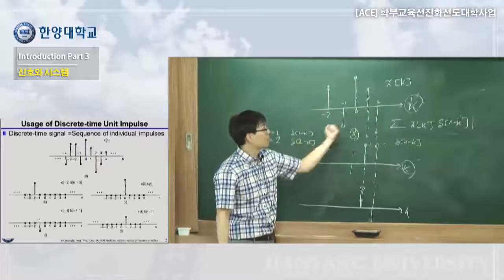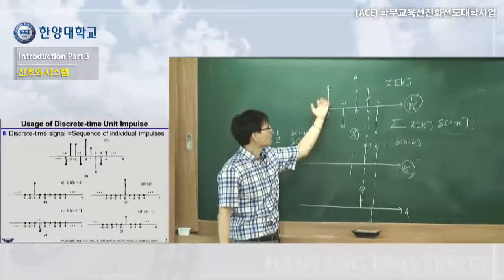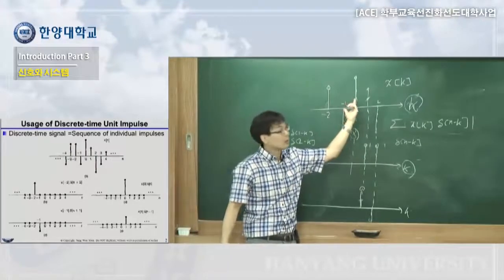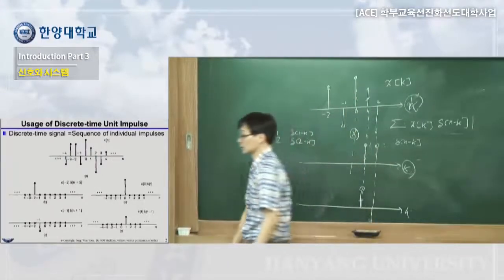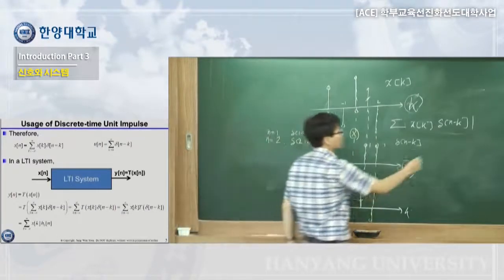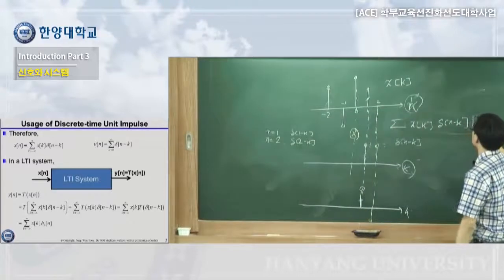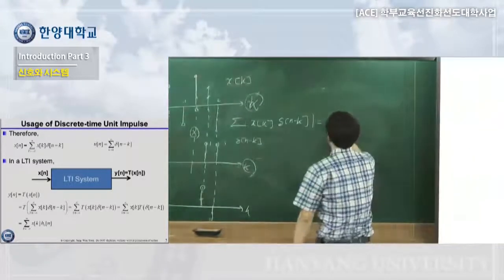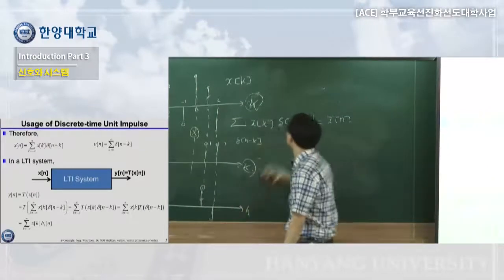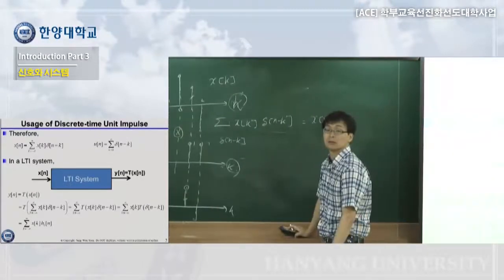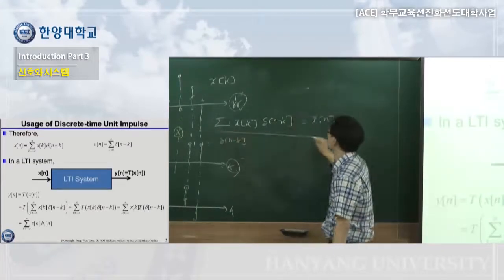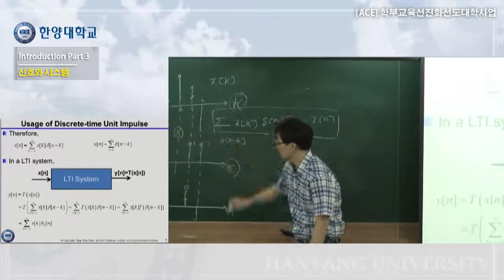We pick up each point in the signal. If we add them together, they can be our original signal. All right? So that's how this equation comes in.